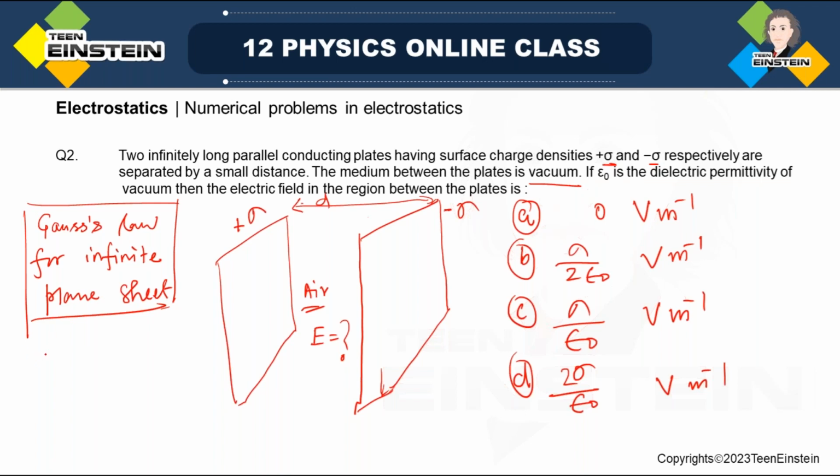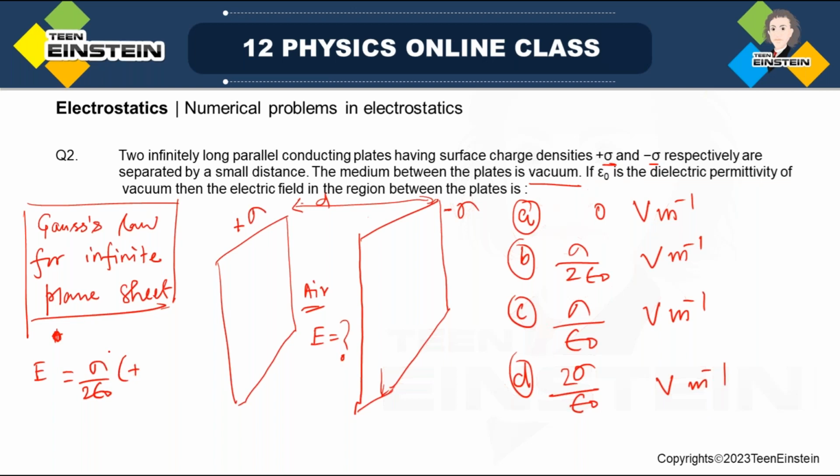So the electric field created by an infinite plane sheet, if it is positively charged, let me write, will be given by sigma by 2 epsilon 0, and it can be plus or minus.